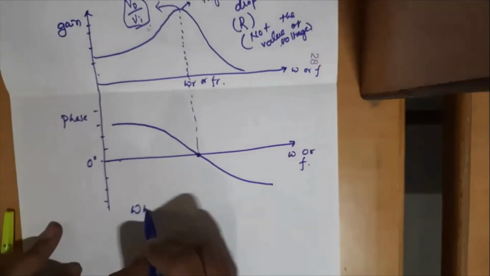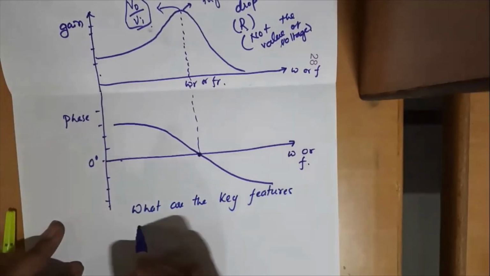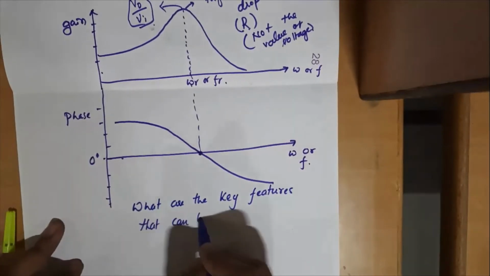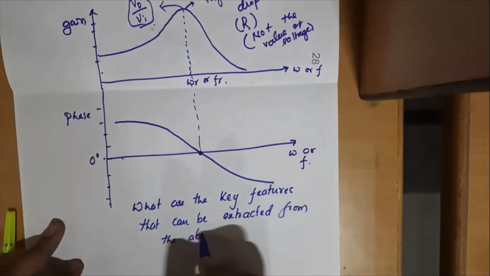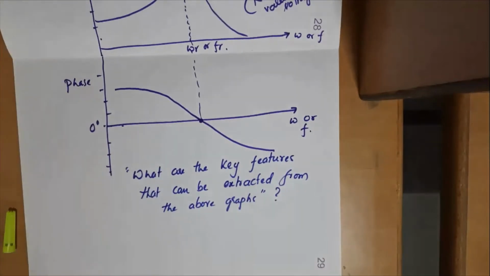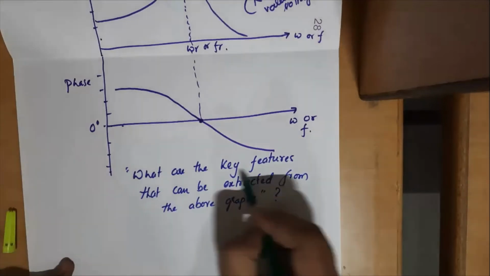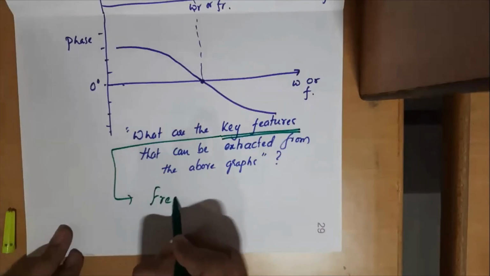Okay. So what is the next thing? The next question is, what are the key features that we can extract from the above graph? Those key features are called frequency domain specifications.